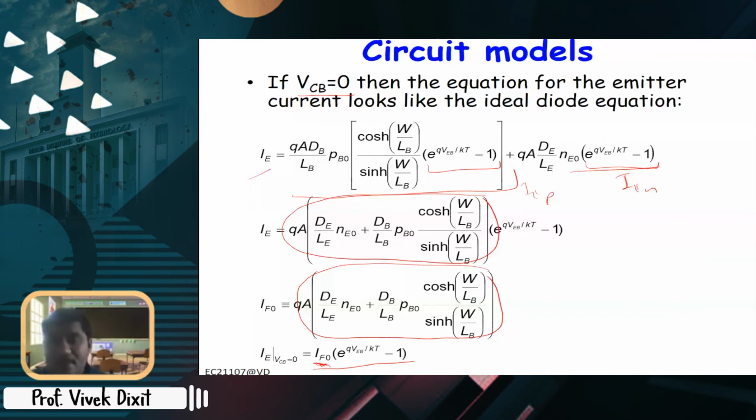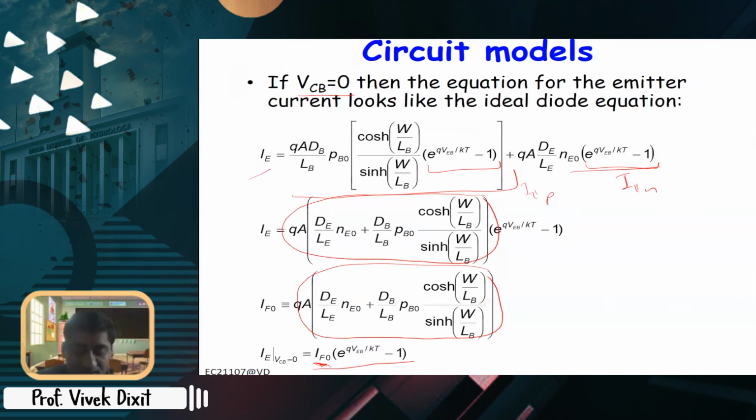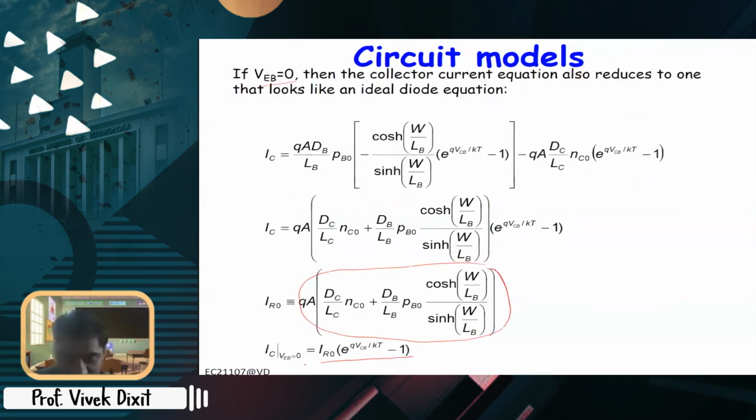A similar expression we can write for IC also. If VEB is 0, then IC can be written as IR naught exponential QVCB by KT, where IR naught is this bulky expression. IR naught and IF naught are similar, except that the emitter is replaced by the collector. Now with these two equations, in one case VCB is 0, in the other case VEB is 0, so we have these two expressions.